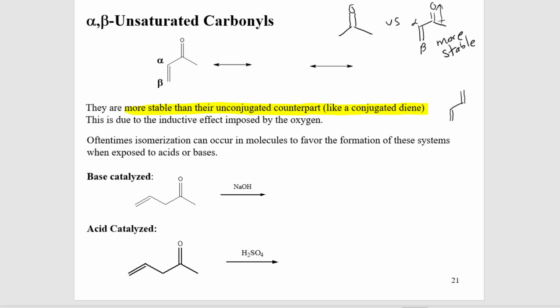All right, let's look at the effect of having a withdrawing group as part of the conjugated system. Well, if you're going to write resonance structures, I'll draw every resonance structure available to us.